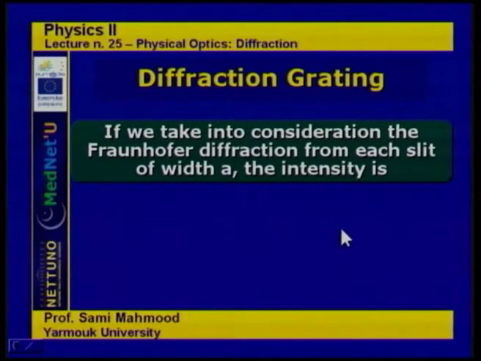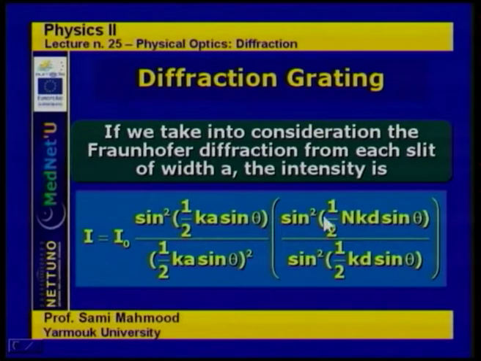If we take into consideration the Fraunhofer diffraction from each slit of width a, the intensity is given by I equals I naught times sine squared of 1/2 Ka sine θ over 1/2 Ka sine θ all squared, times this factor in parentheses, which is sine squared of 1/2 N Kd sine θ over sine squared of 1/2 Kd sine θ.